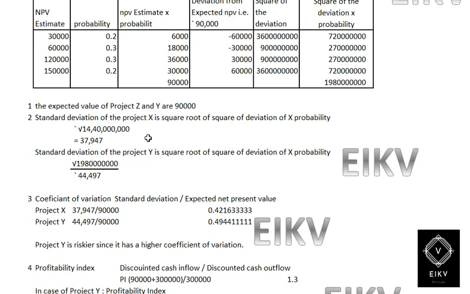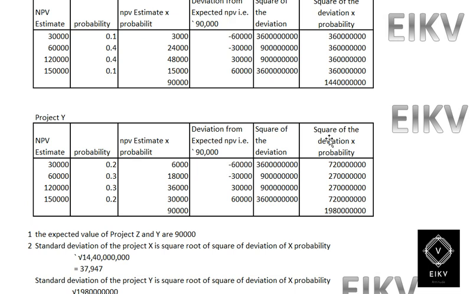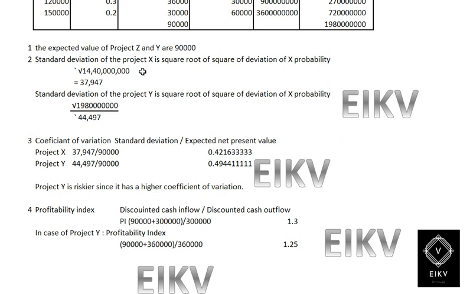For the computation of standard deviation, we need to take the root of each project, that is the square of the deviation of probability, which is root of 144 crore and 198 crore. That will give you 37,947 and 44,497.